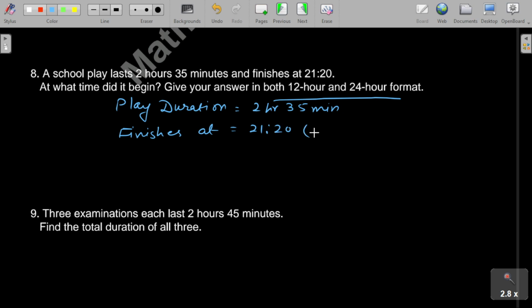So this is our 24-hour format and this is our 12-hour format. Okay, at what time did it begin?